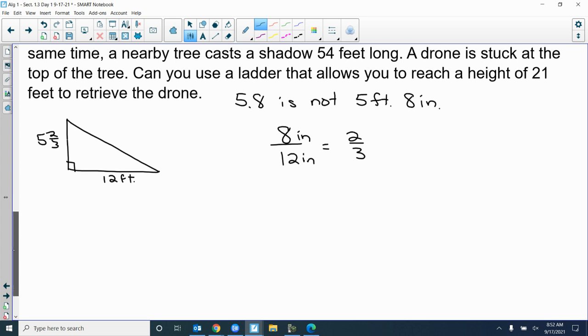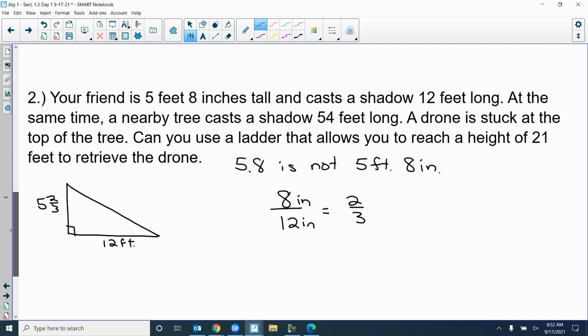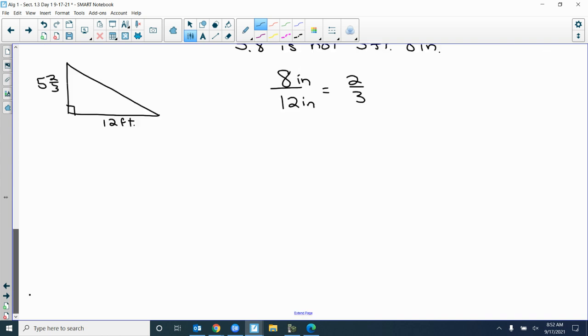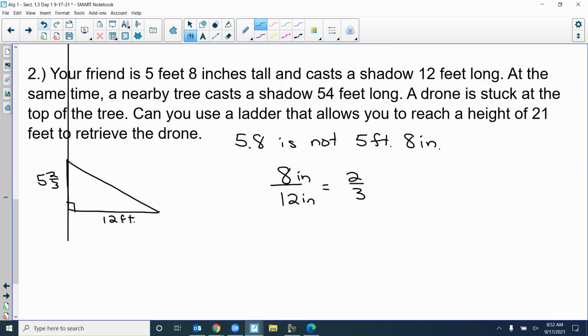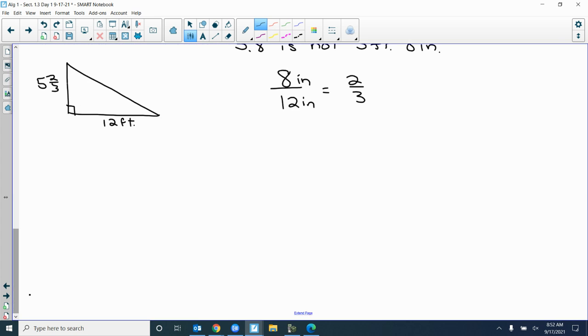All right, we got our tree. How long is the shadow of the tree? 54 feet, is that right? Yes. We don't know how tall it is. All right, set up a proportion. What would we do for this one?